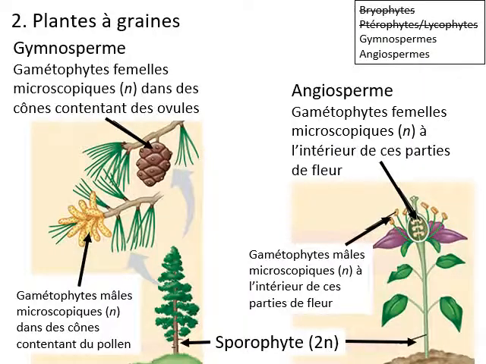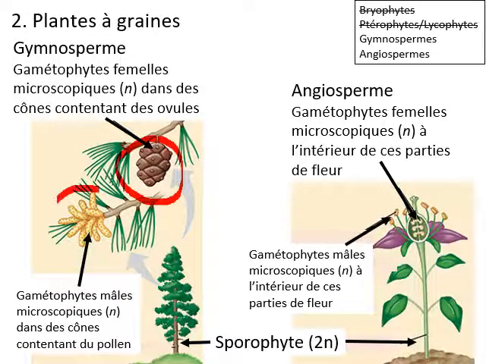The 2 categories of plants with seeds are gymnosperms and angiosperms. Gymnosperms are the pine trees, the conifers. They have microscopic female gametophytes in these structures that we call cones.